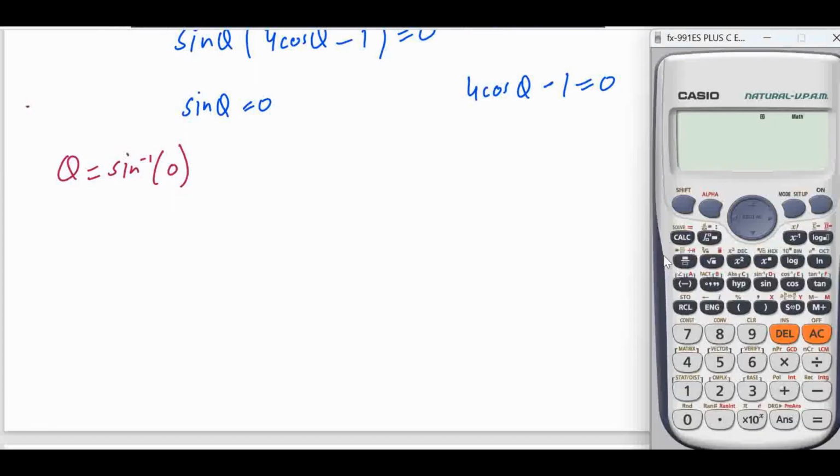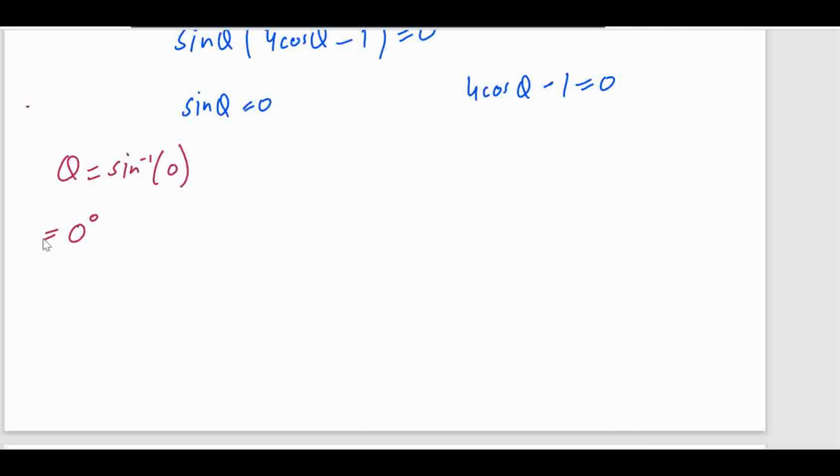So we can write it as shift mode, it is in the degree. Now shift sine inverse of 0, so this will be equals to 0 degrees. So this will be equals to 0 degree as well as 180 degree.